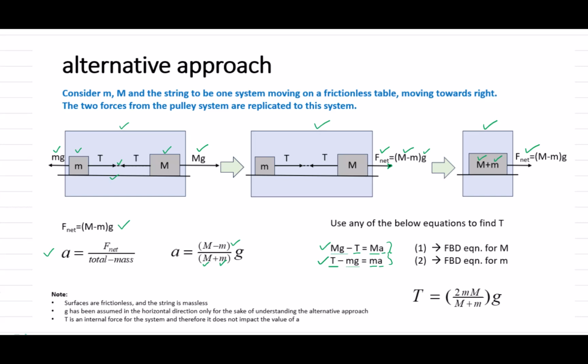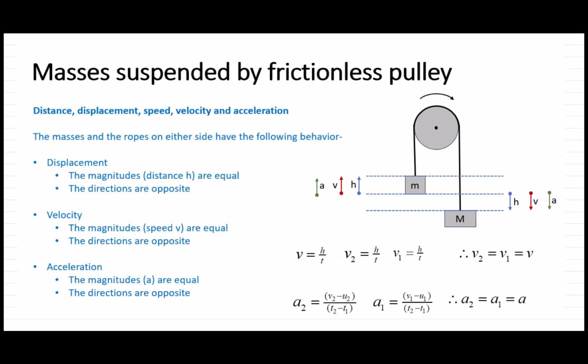So we see that the free body diagram equations are valid in both scenarios, and eventually the value of tension T will be equal to 2Mm over (M plus m) times g. Now, talking about the displacement, velocity, and acceleration for the masses, and also the string on the left hand side and the right hand side.